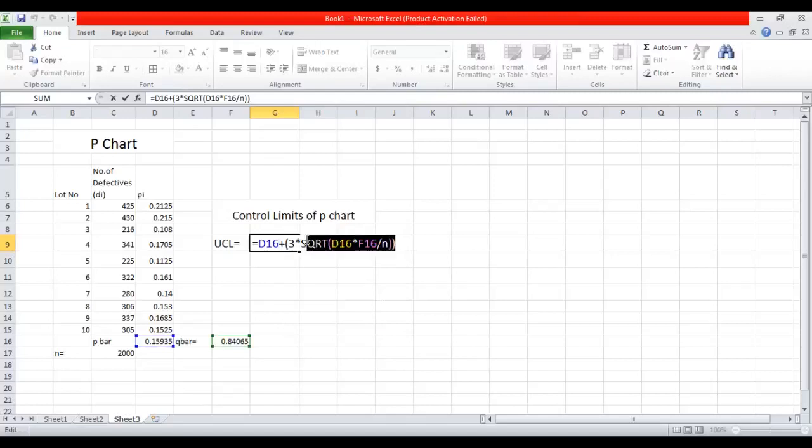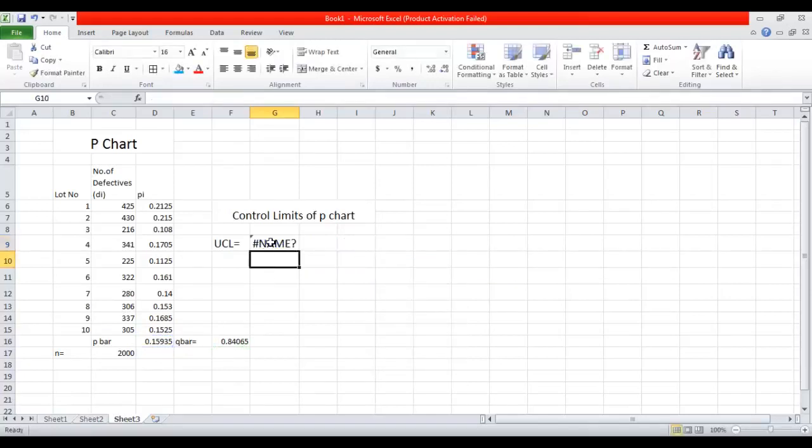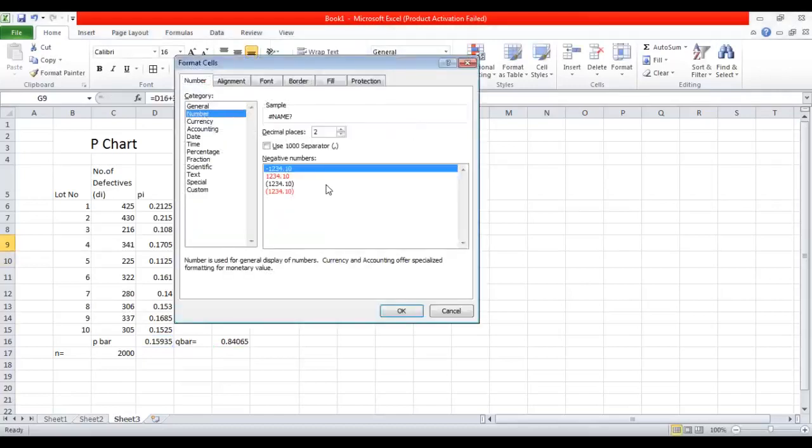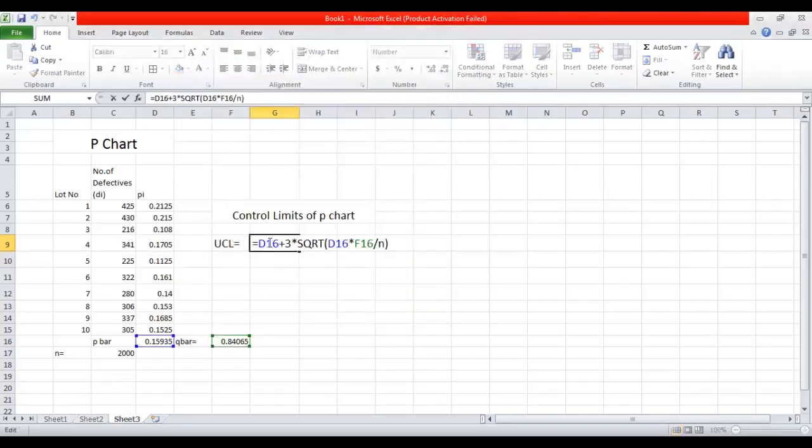This will give you the value of P bar plus 3 into under root P bar into Q bar by N. I think there is a small mistake in the formula.